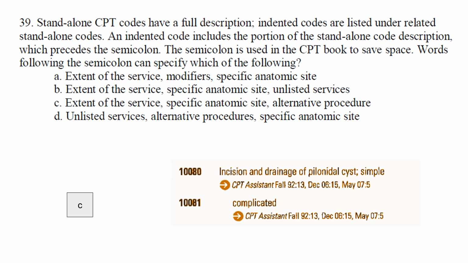It talks about the extent of the service, specific anatomic site, and alternative procedure. So for example, code 10080 talks about the incision and drainage of pilonidal cyst, simple. So then the indented code talks about the alternative procedure, that is the complicated procedure.